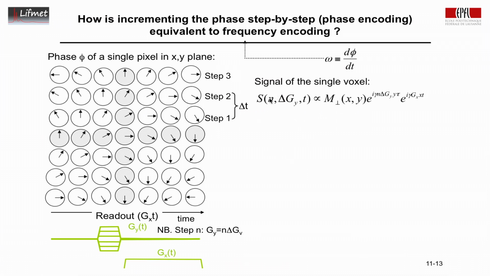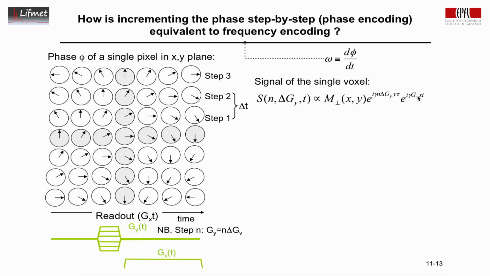Or in general, our signal is given by the nth phase encode gradient, with the increment of the phase encode gradient delta Gy, which is constant. This is proportional to the transverse magnetization at the beginning at the position x and y. That's this particular xy. This is the effect of the phase encode gradient. So it's gamma n times delta Gy, which is this amplitude Gy.